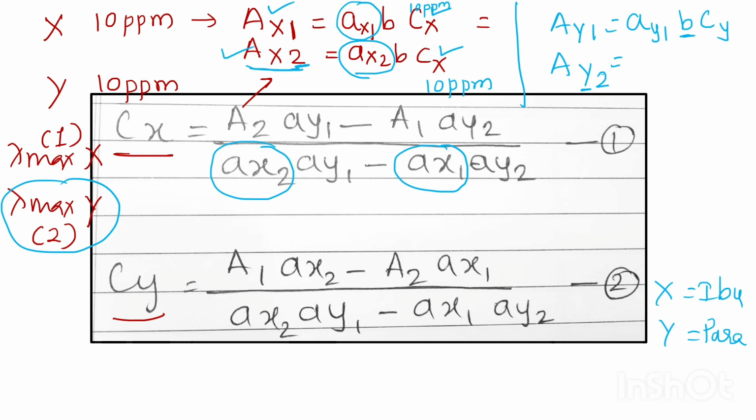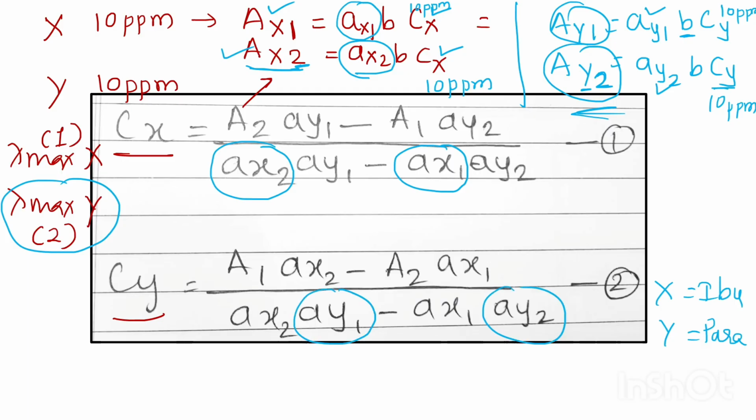Okay, so absorbance of Y at second wavelength and then AY2 B CY. तो CY तो हमें पता है 10 ppm. ये मैं स्टैंडर्ड की बात कर रही हूँ इसलिए CY हमें पता है. Okay, so this we can calculate. This you will get from the instrument. So after substituting this and this, you can calculate this AY1 and AY2. ये देखो यहाँ पे भी है AY1 and AY2.